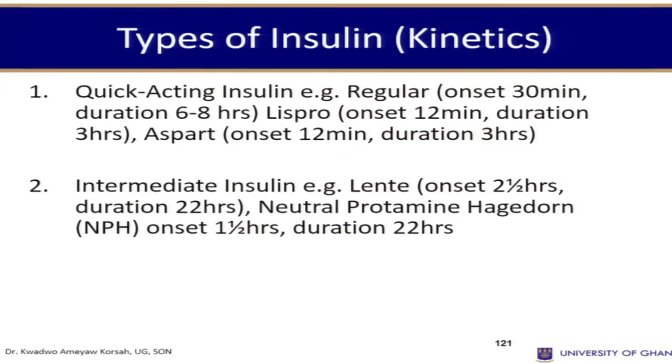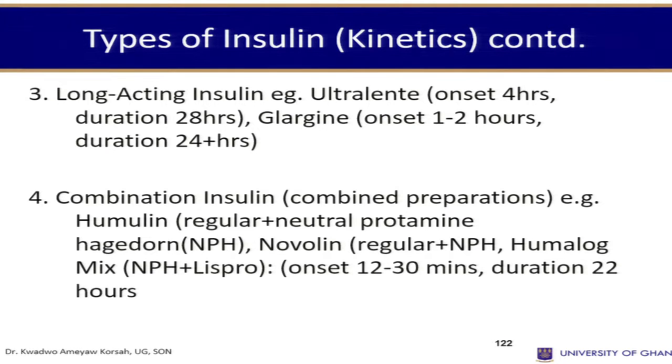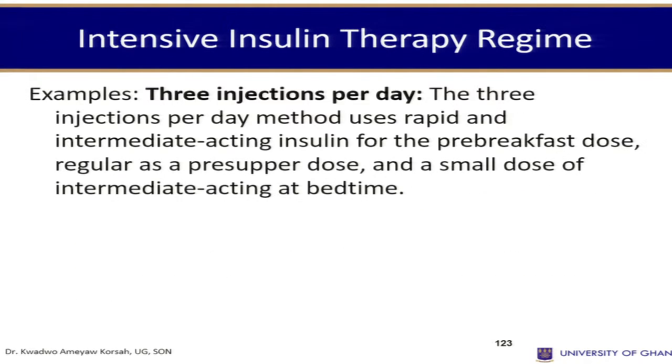So I've given you the types of the insulin, and then we also included the kinetics. So we have the types, and an example of types of injection, 3 injections per day.